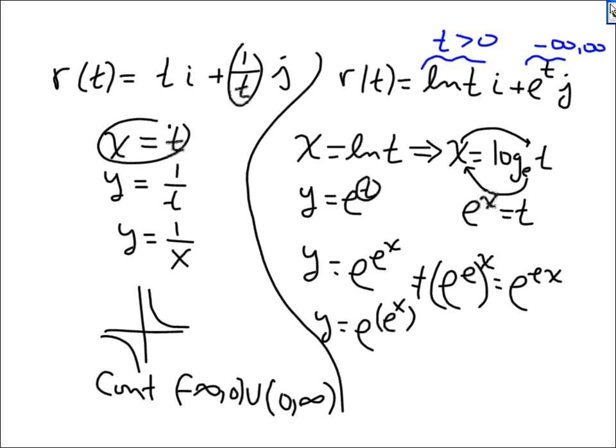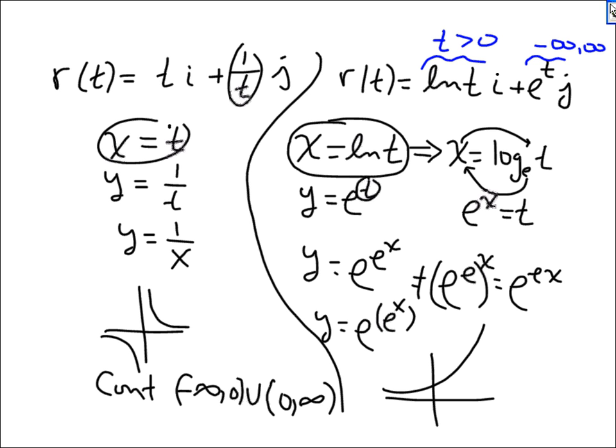This function y equals e to the x is going to look something like that, which is continuous everywhere. The problem is right here. Can x be negative? That's where the problem comes in.